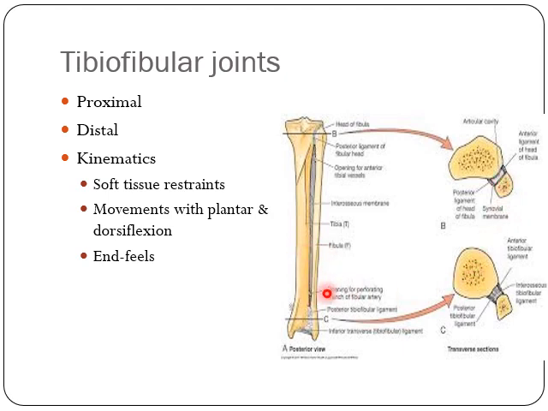And again, there's going to be motion that actually takes place. Now, obviously, at a fibrous joint, the motion's a little bit more limited, but the fibula is going to move as we look at movement and motions taking place at the ankle joint. As far as the kinematics is concerned, we do have some soft tissue restraints that limit the mobility at the tibiofibular joints.